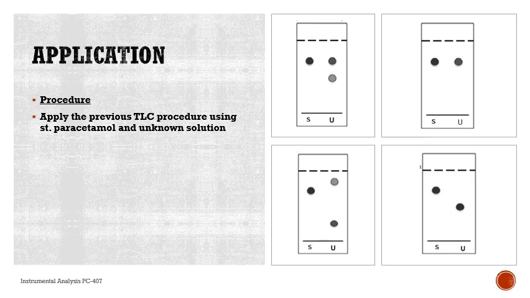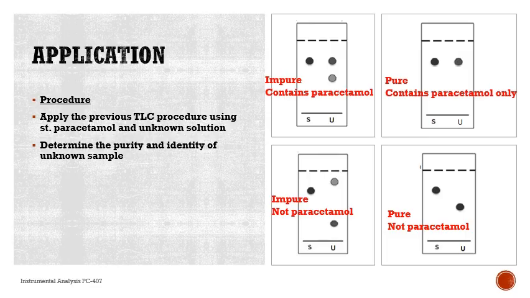This experiment, you will not do it practically, it's just for your information. You can apply the previous TLC procedure using standard paracetamol, for example, a drug, and an unknown solution. This experiment is done to determine the purity and the identity of the unknown sample. Okay, let's see. So if this is the standard paracetamol, after development it yields only one spot, and the unknown has yielded 2 spots.